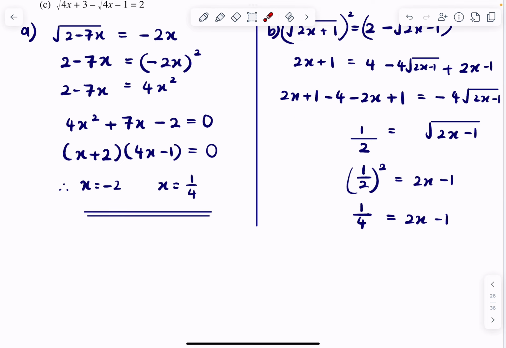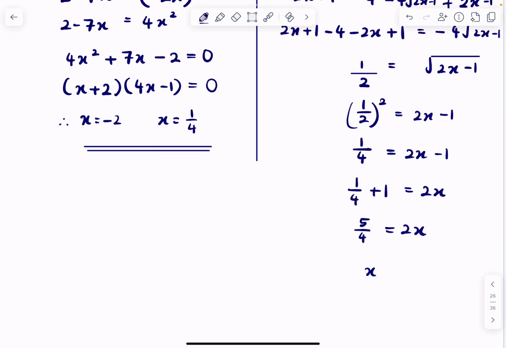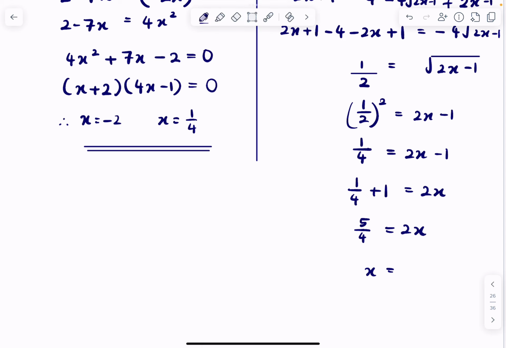So we try to make x the subject, 1 we move here, so 1 over 4 plus 1 is 2x. 1 over 4 plus 1 is 5 over 4, so x will be, 2 we bring here become divide, so 5 over 8. Done.